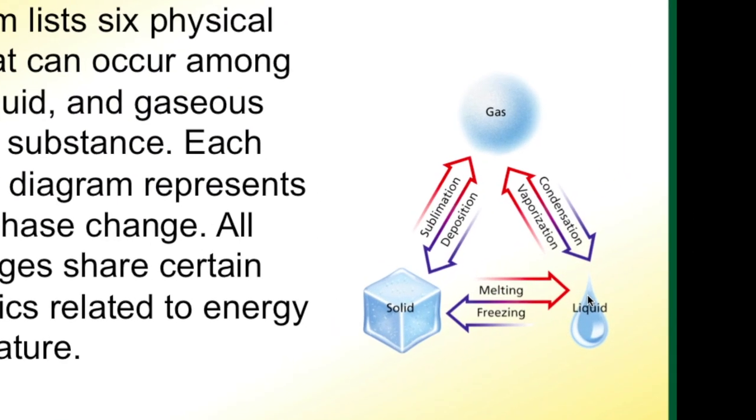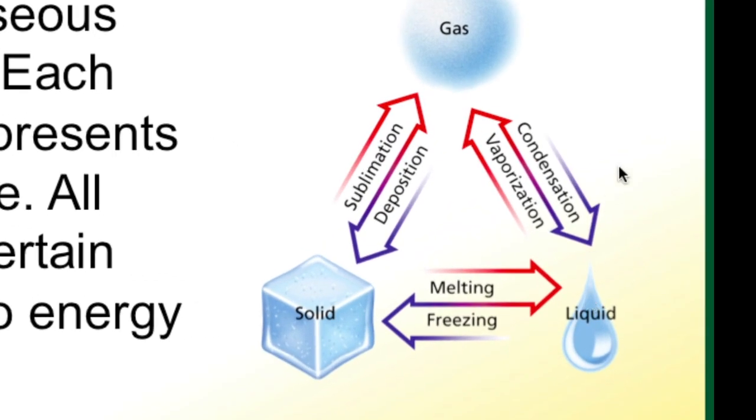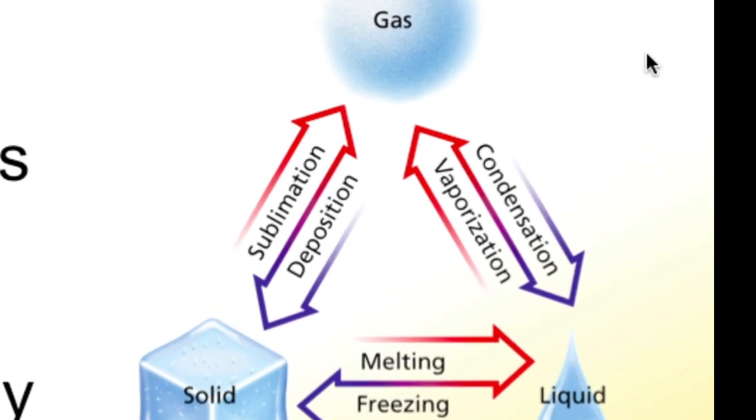The least common phase changes would be the direct phase changes between a solid and a gas. As we will see with dry ice, solids can turn directly into a gas through sublimation. This actually happens to water ice as well, to a much smaller, slower degree.